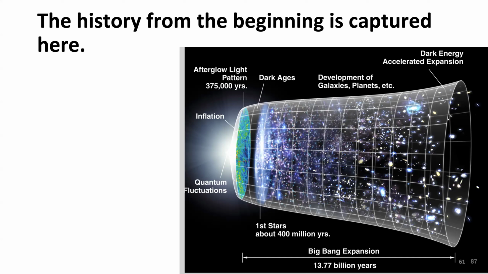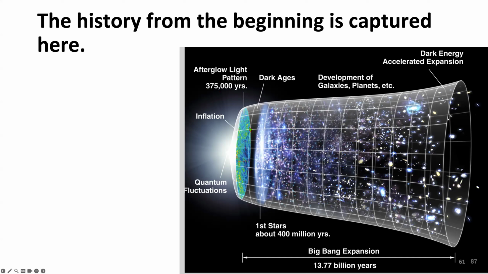So it's just a soup of high energy subatomic particles swarming around, banging into each other until the universe had expanded enough for atoms to form. That happened 375,000 years, roughly, after the Big Bang.